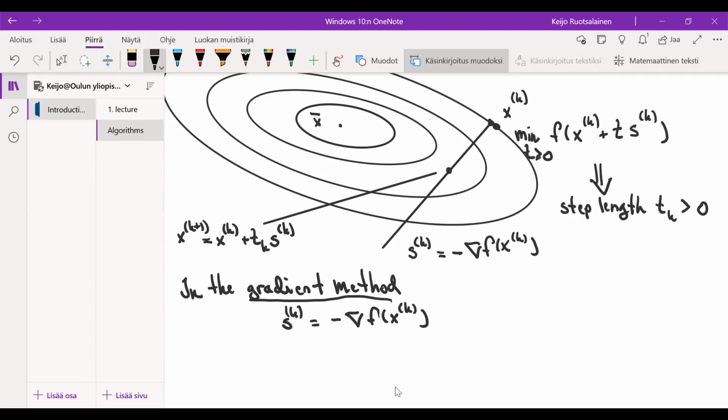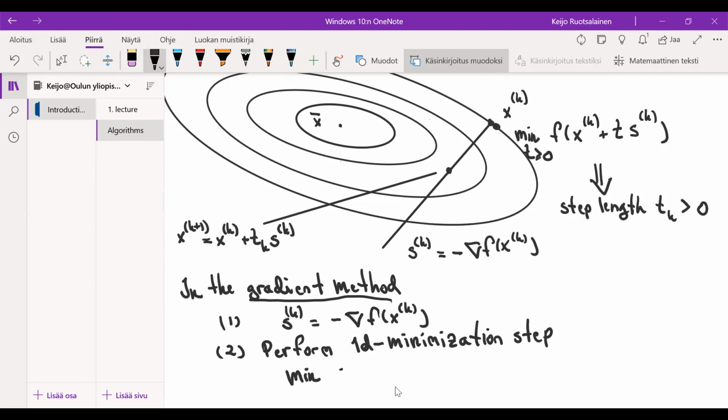Then you have to perform the minimization with respect to the t variable.